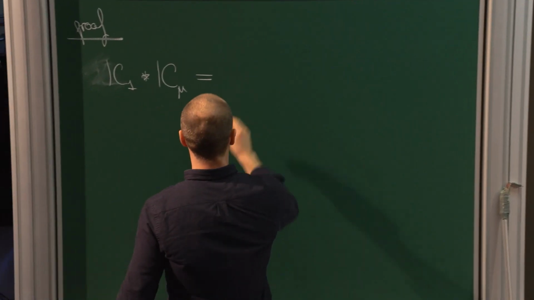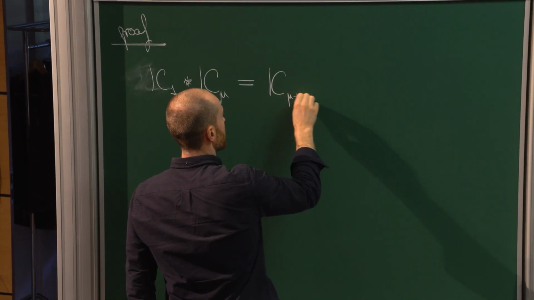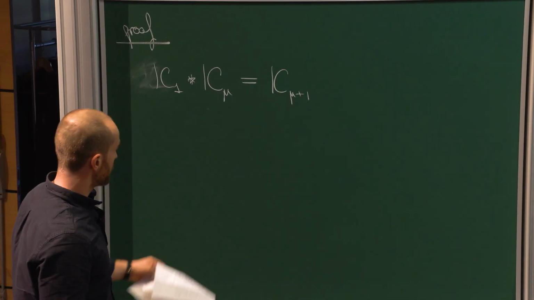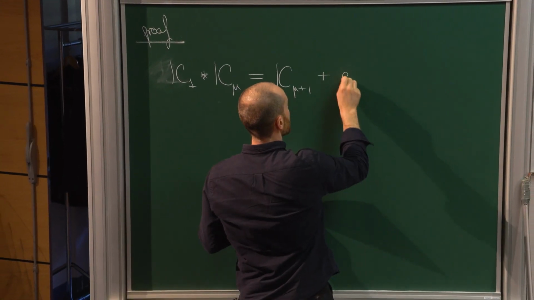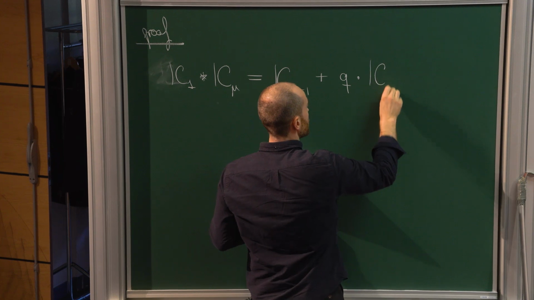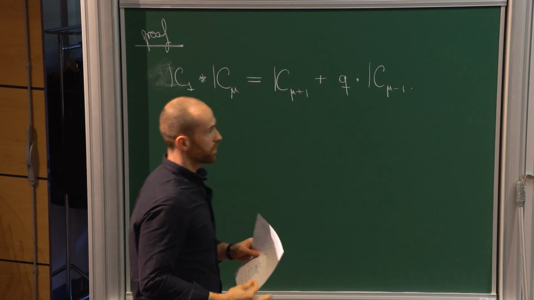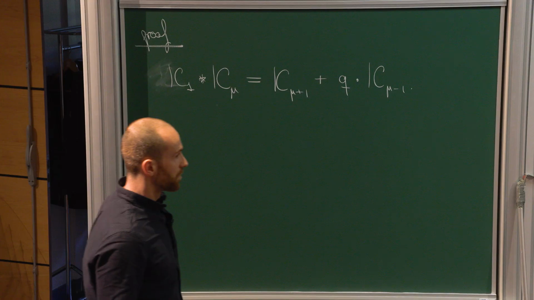And what you check is that if you multiply this, you get IC mu plus 1 plus Q times IC mu minus 1.